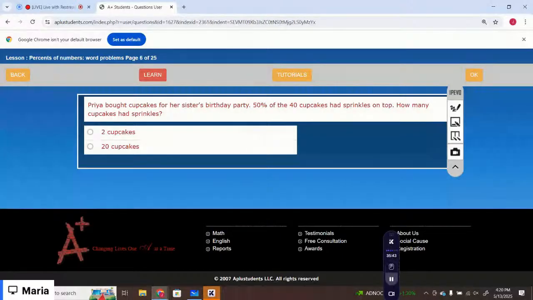India bought cupcakes for her sister's birthday party. 50% of the 40 cupcakes had sprinkles on top. How many cupcakes had sprinkles? So you need to calculate 50% of 40.